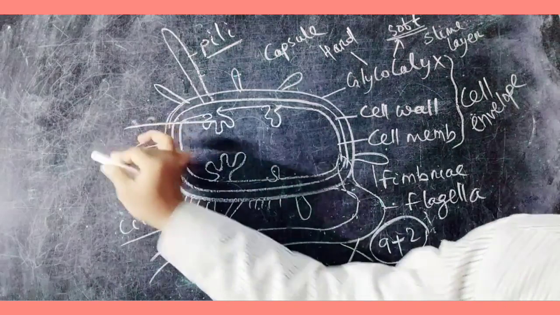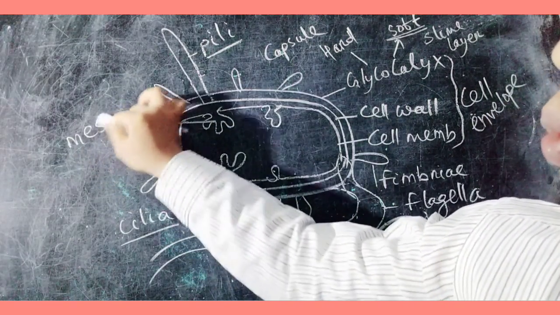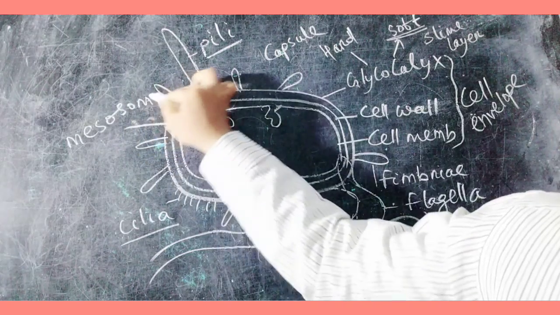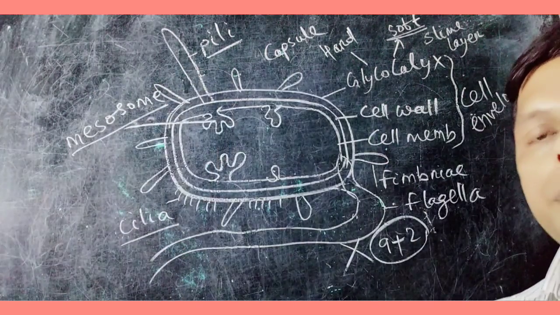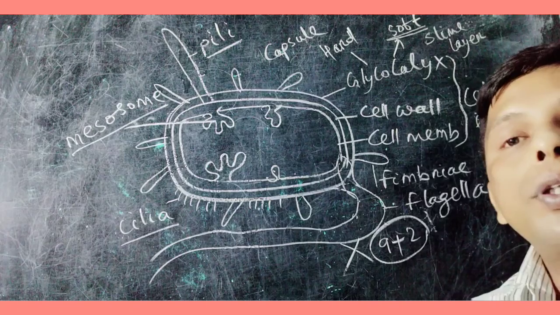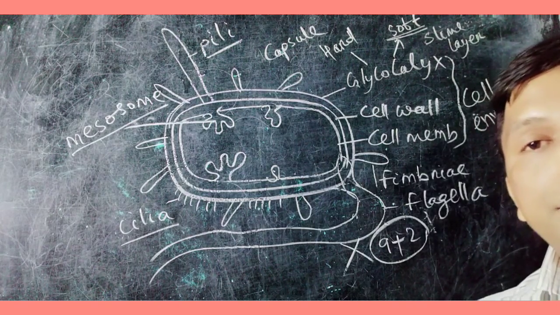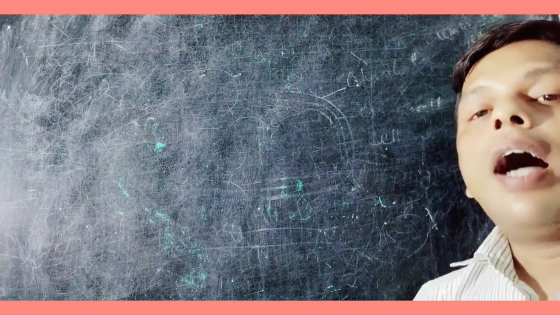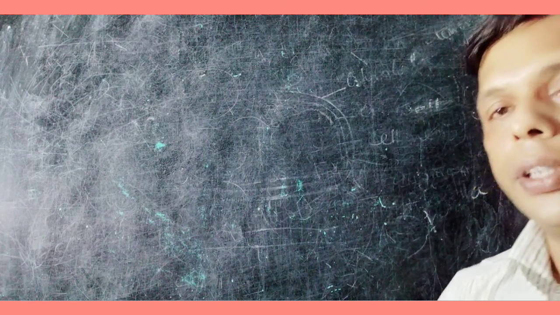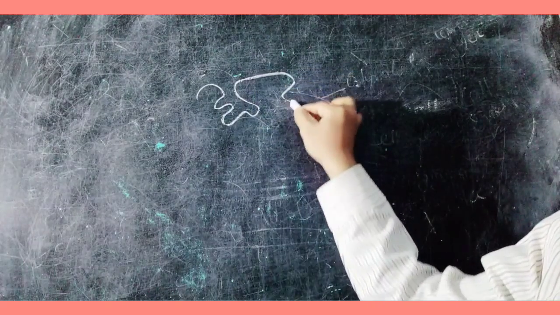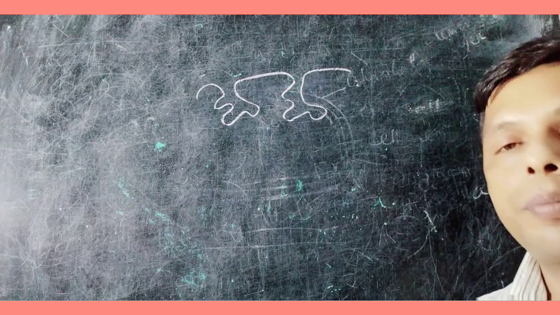These folds are mesosomes. What are the functions of mesosome? How are the mesosomes organized? Look here. These are the mesosomes, which are foldings of cell membrane.